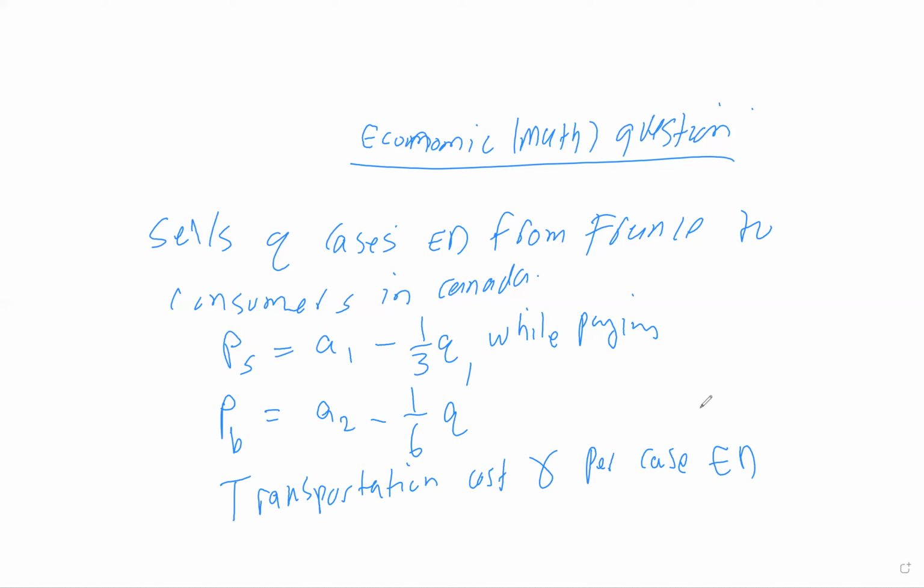And there's an assumption: assume that A1, A2, and gamma are all positive. By positive, we mean that all of them are greater than 0.